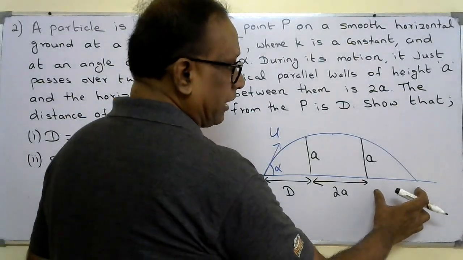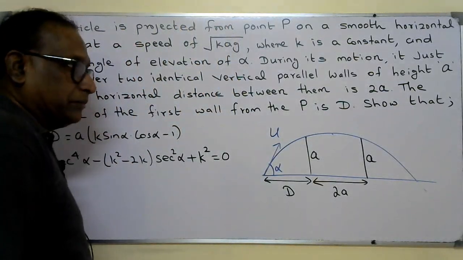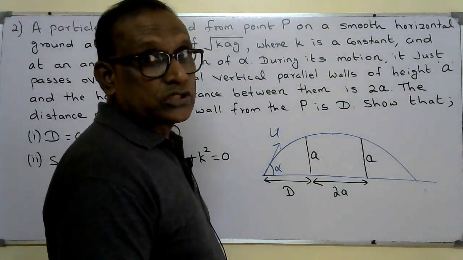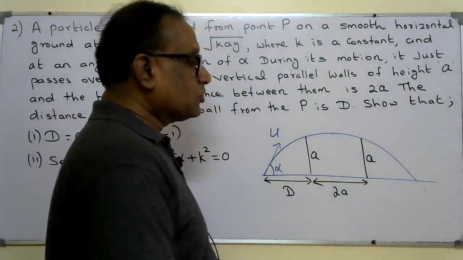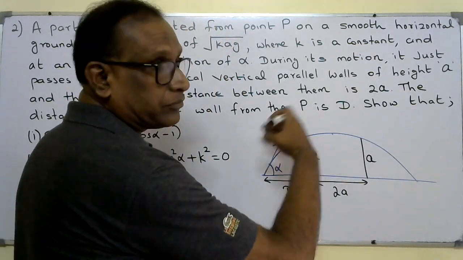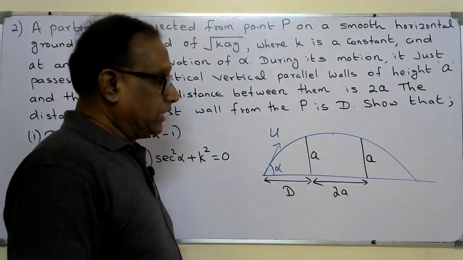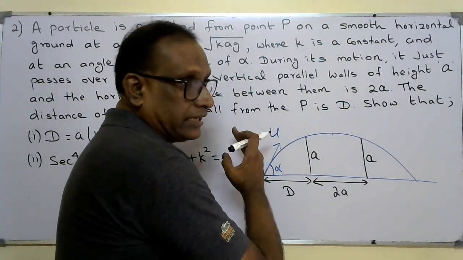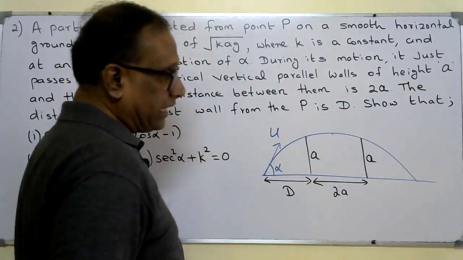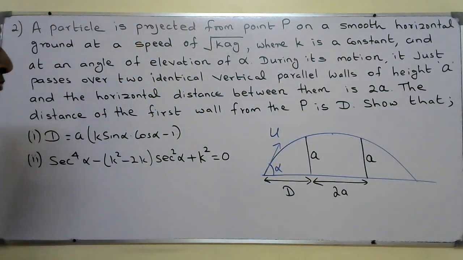So this is also capital D. Mathematically we can also show that, but in physics we don't use much mathematics, so we use the idea of the symmetrical shape of the parabolic path about the highest point, where the left side and the right side are symmetric. So if this is D, this must be D. Anyway, that's not the question.